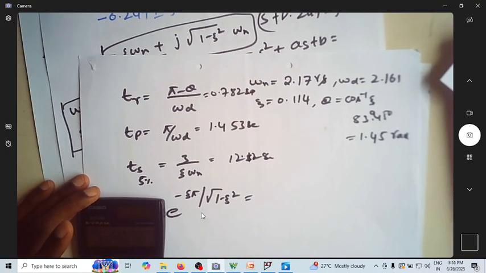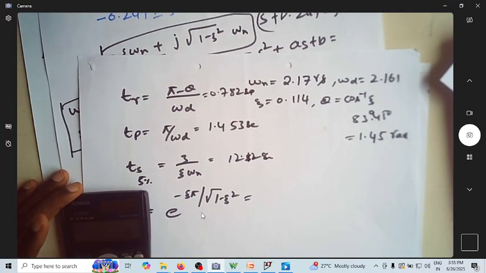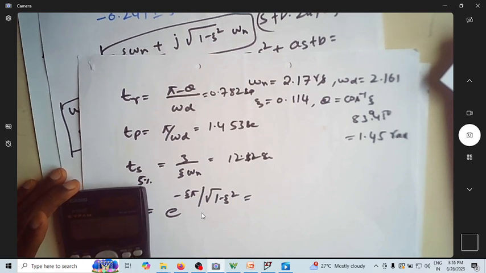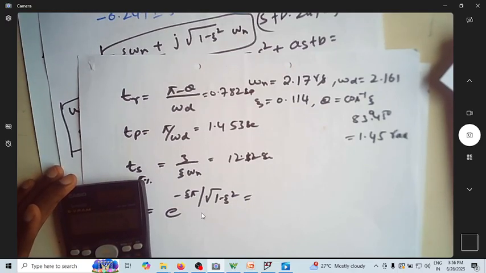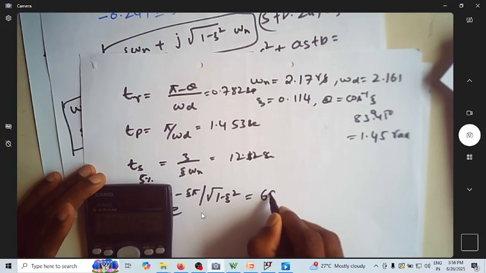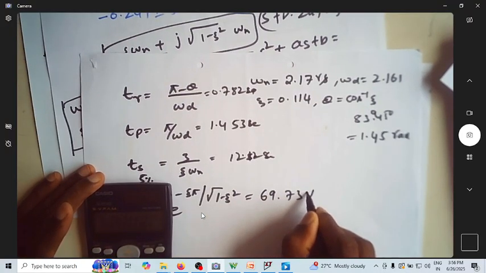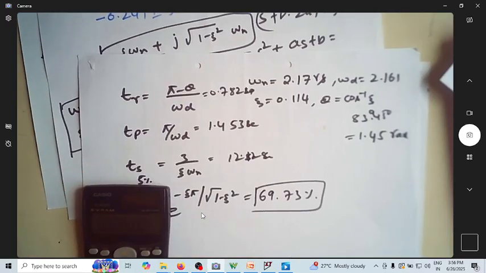So how do I find the overshoot? It is e power minus of 0.114 multiplied by pi divided by, open the parenthesis, the root of 1 minus 0.114 square, close. It is 69.73%. Hopefully the calculations are correct.